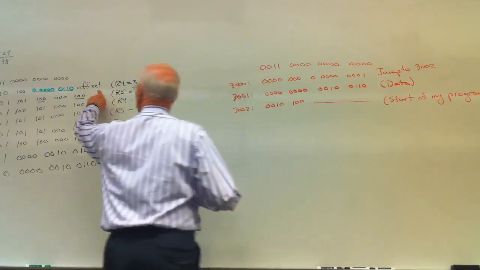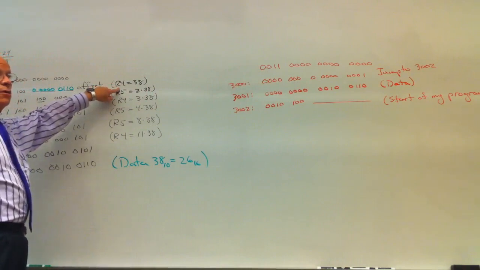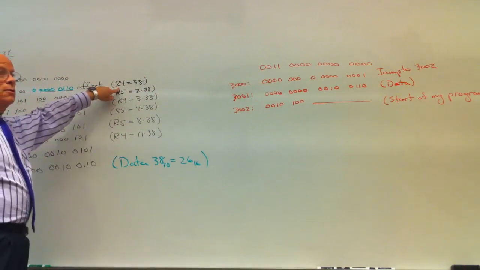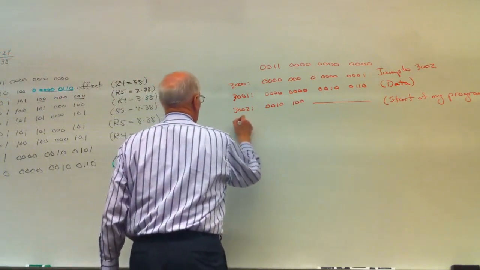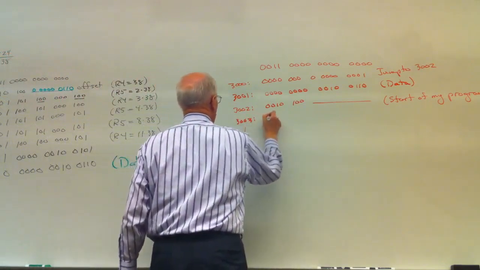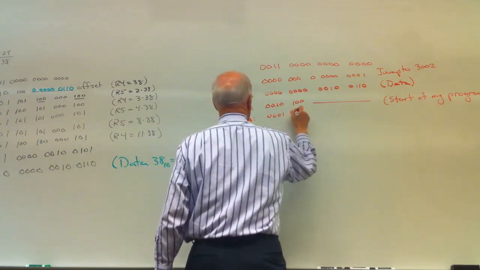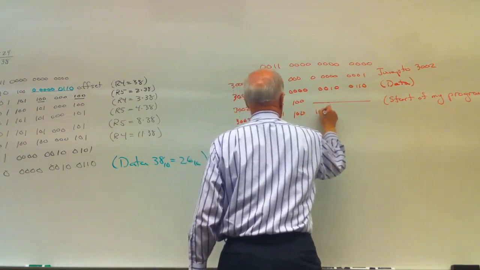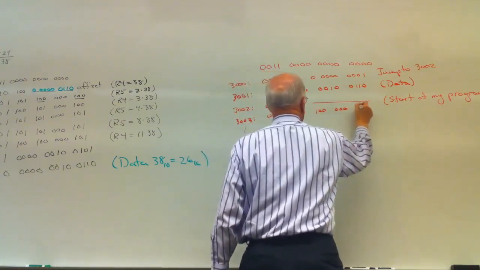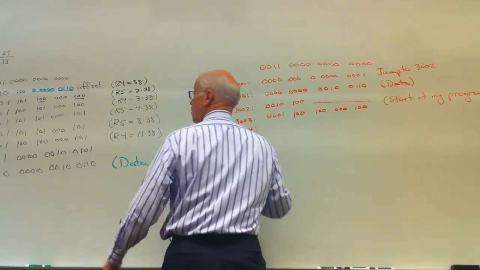Remember, this is the thing that loads that data into register 4. I'll come back and figure that thing in a minute. 3 was 1, add 4 to a cell, and then add 4.